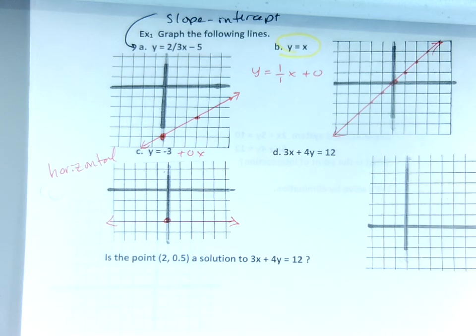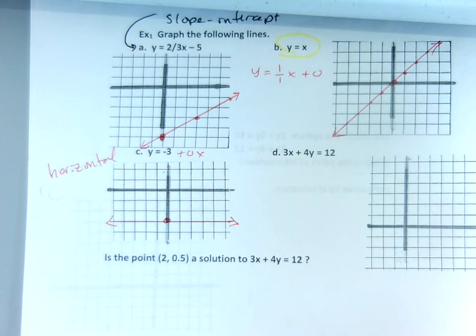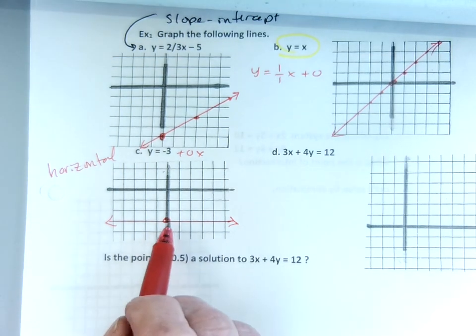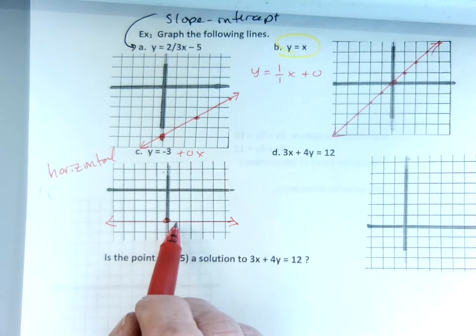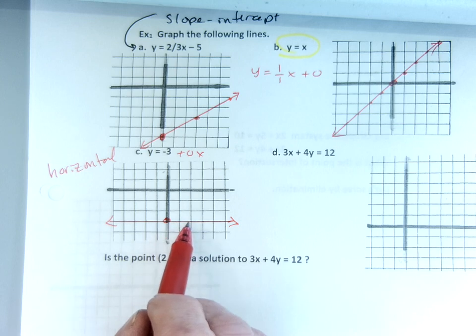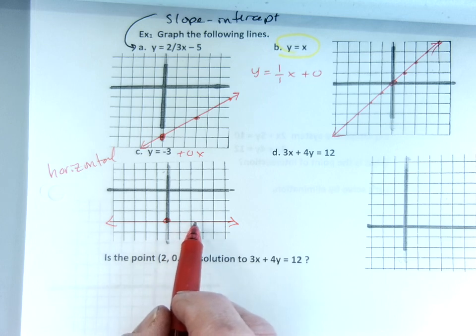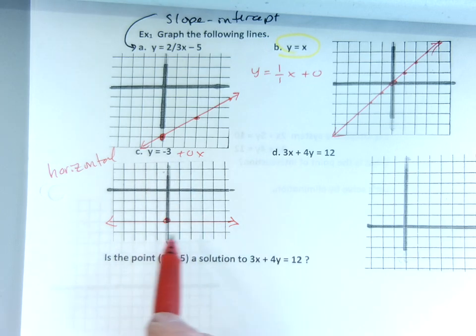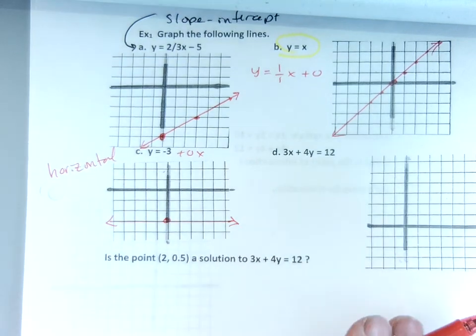One of the things I like to do as a teacher is get you to know why. Why does it work? Well, if I look at every one of these points, every one always has a y value of -3. So y is always equal to -3, and that's why it's the horizontal line right there.